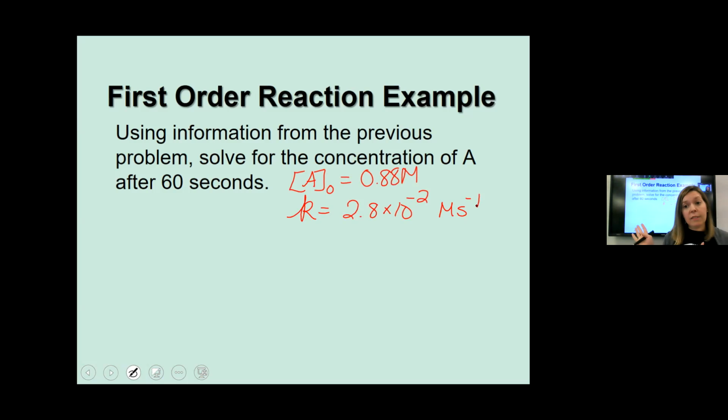Using that information, we are going to plug in to our natural log equation and figure out what the concentration would be after 60 seconds. So pause the video and see if you can set up that calculation and then come back to check your answer.